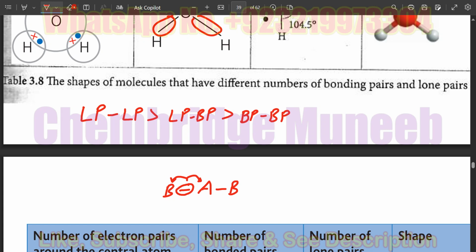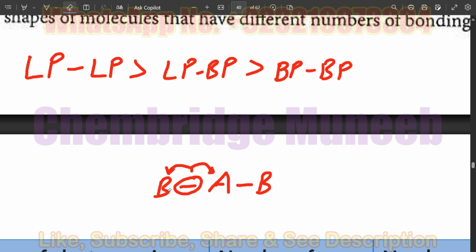The bonding pair, as you know, is represented by 2 electrons. I can show it through a dot and a cross. So a dot electron and a cross electron are both attracted between the A and the B atom. Is that clear? Yeah.